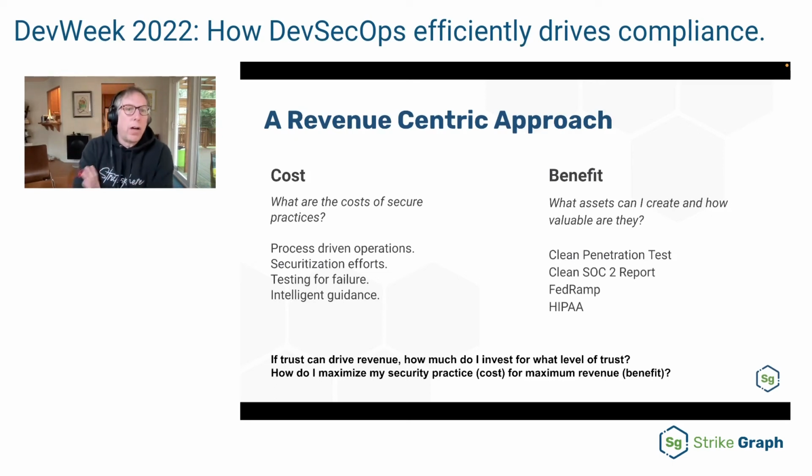How much does it cost me to scope these control practices, to have a vendor doing intrusion detection management, to perform securitization efforts around our CI/CD pipeline, to test for failure and monitoring? What are the inputs that we're putting in at the control level? Because if you can identify a cost around a control, you can start to really understand how much it is taking out of your organizational capacity.